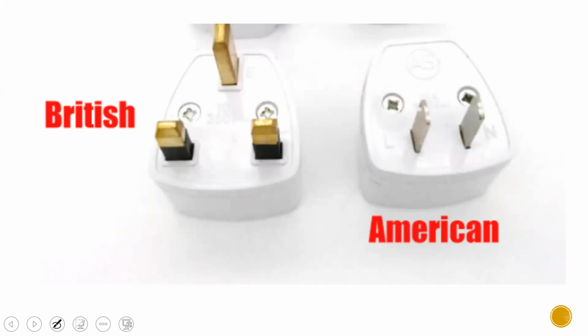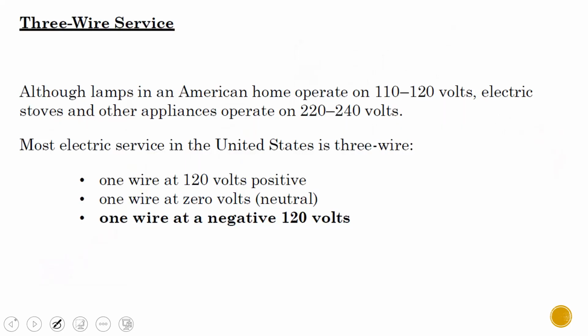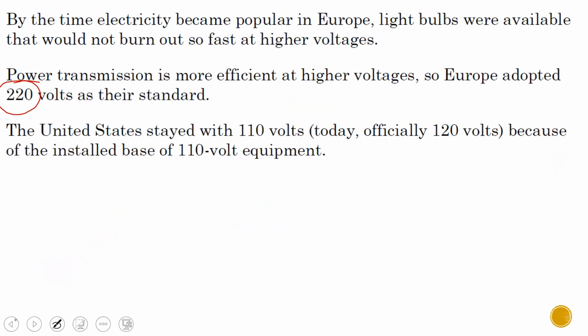Now, before talking about three-wire service, do you have any question? No, teacher. So, as we say, the standard is 110, or officially 120, and 220.